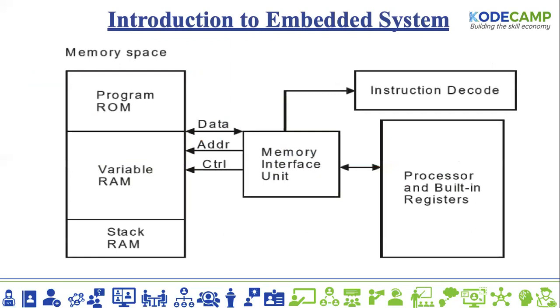Now going back to the previous one, the von Neumann. The von Neumann doesn't have that ability. It only does one thing at a time, so it doesn't do much.